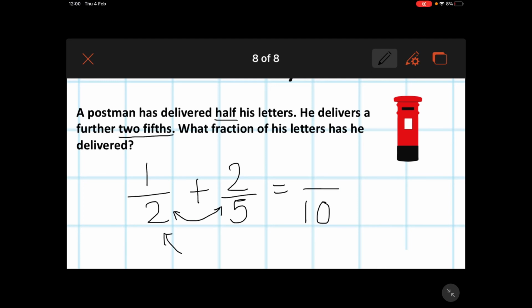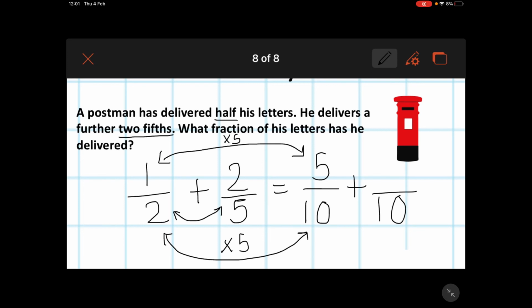What did I do to 2 to get to 10? I multiplied it by 5. So I must do the same to the top. 1 times 5 is 5. Add. What did I do to 5 to get to 10? I multiplied it by 2.